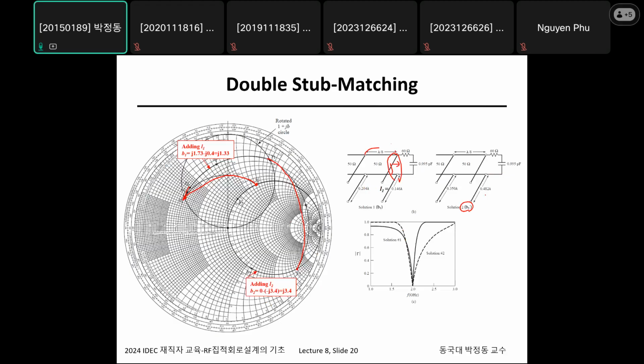And since this is moving back by plus 2 beta L, this point is going to be back to here. So you just add this resonated circuit, which is this amount, then you achieve it.